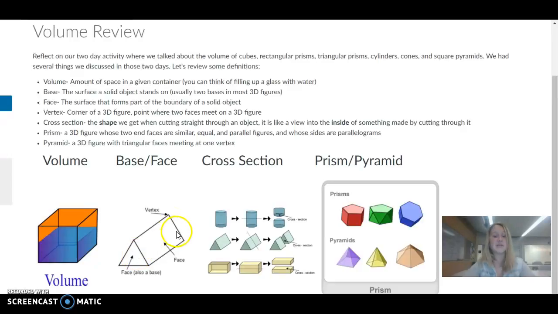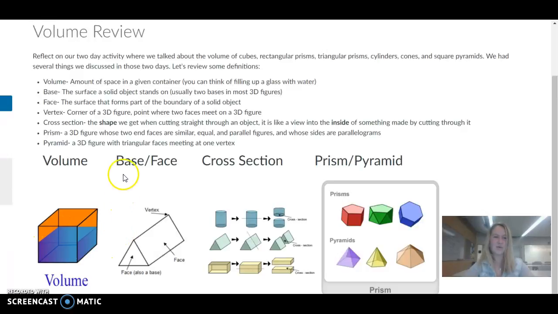There are typically two bases to every three-dimensional figure, and they're almost always parallel to each other. I can't say that 100% of the time, but like 99% of the time, there will be two bases to a figure and they'll be parallel to each other, as in the case of this triangular prism or this cube right here.